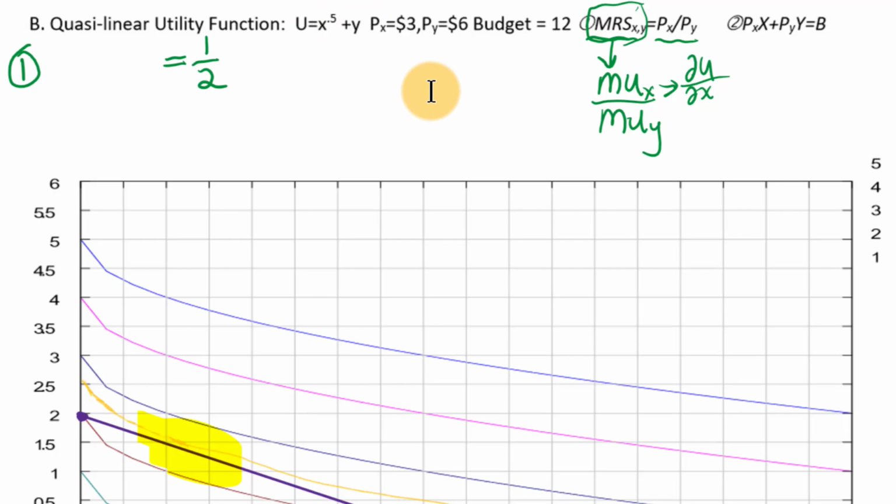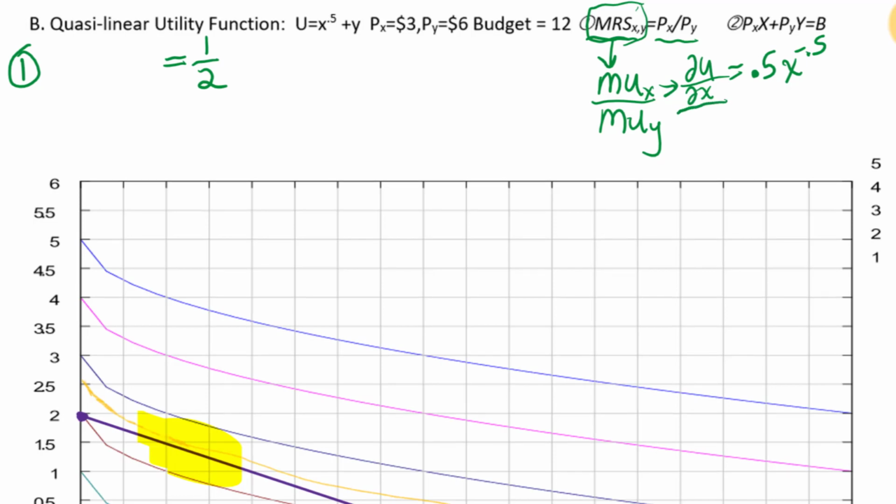So we know that Y term is going to go away when we take the derivative with respect to X only. So we're really just looking at the derivative of X to the 0.5. So that's going to be multiply by the exponent, subtract 1 from the exponent. That's going to be 0.5 X, and then we take 0.5 minus 1. So that's minus 0.5.